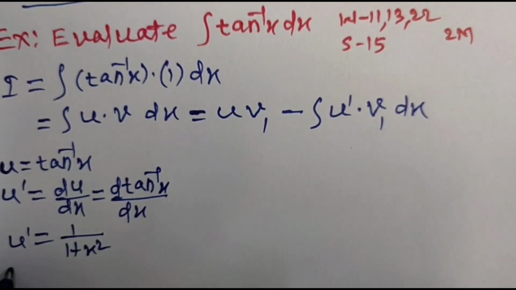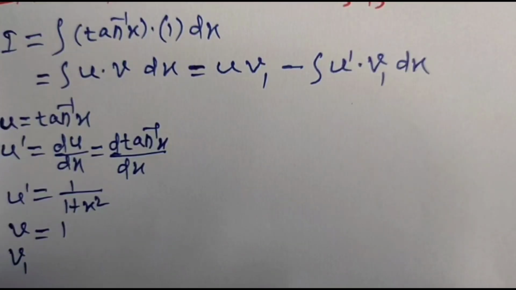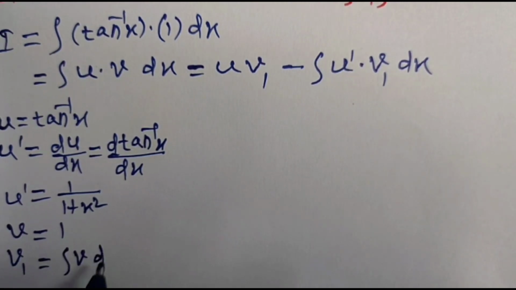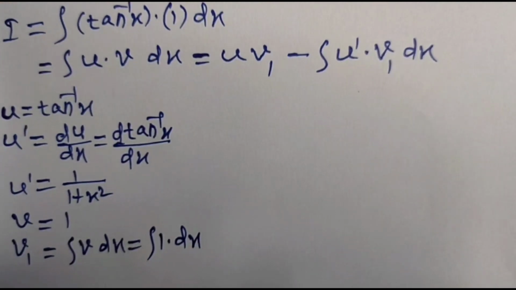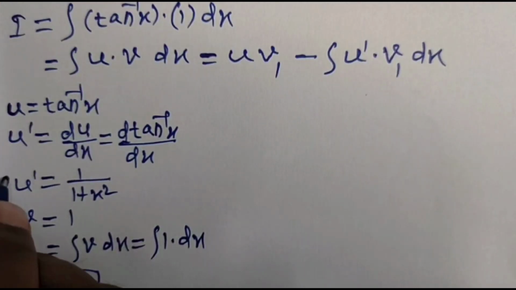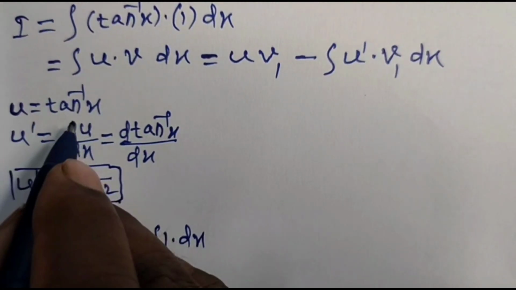What is v? v is equal to 1. Then v1, with suffix 1, is nothing but the first integral of v. So this is equal to integral of v with respect to x, and v is 1, integral of 1 with respect to x. Hence v1 is equal to integral of 1, which is x. v1 is x, u dash is 1 upon 1 plus x square and u is tan inverse x.